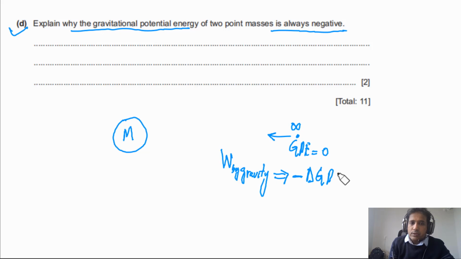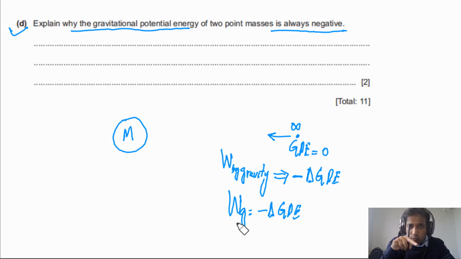So then the change in GPE is negative. Work done by gravity is equal to negative delta GPE. If work done by gravity is positive, change in potential energy is negative, meaning potential energy decreases.